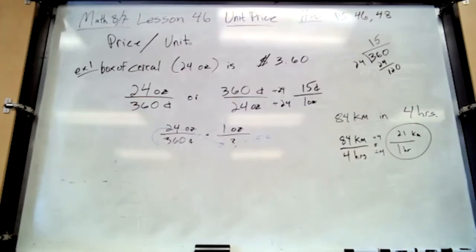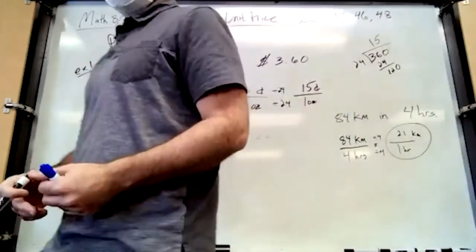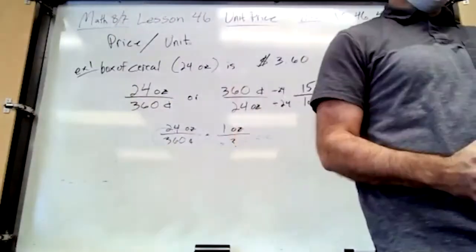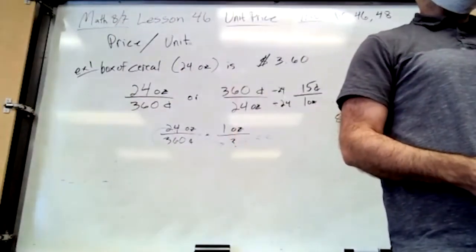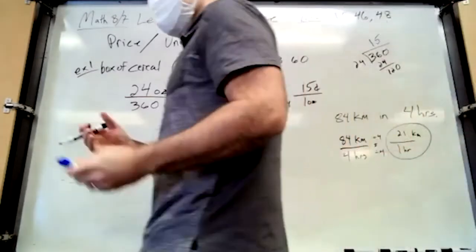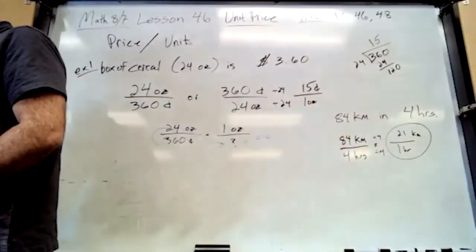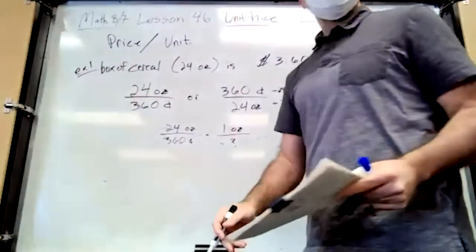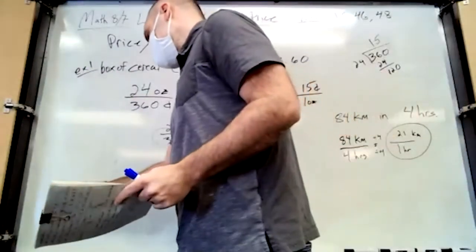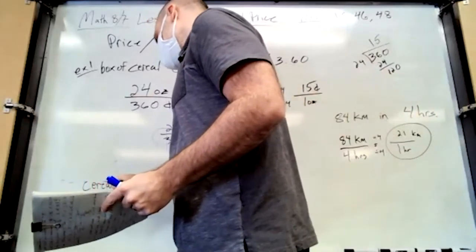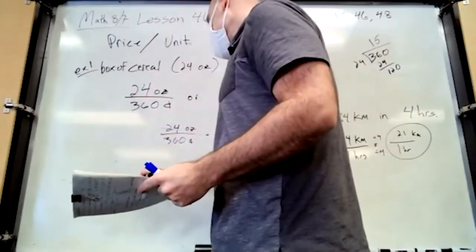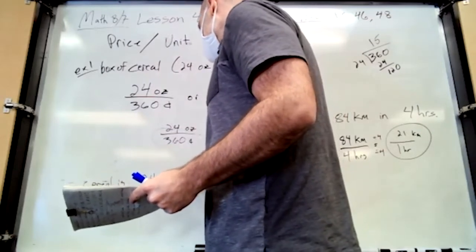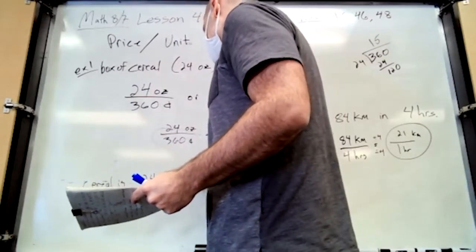Okay. So sometimes, now King Soopers does a great job of doing this math for you, but let's say you're really trying to save money and you need to figure out the unit price. You have to compare the unit price and stuff like that. Okay, so let's say that on the shelf, this cereal is, what did we say, 24 ounces is $3.60.